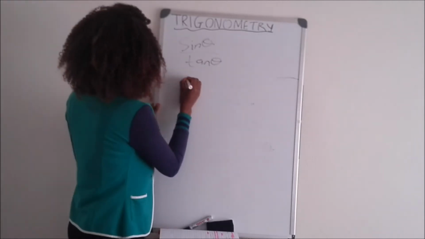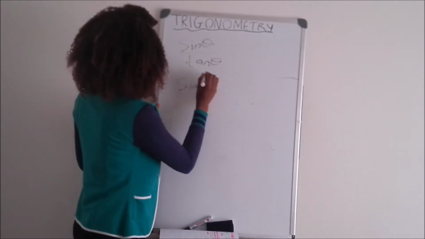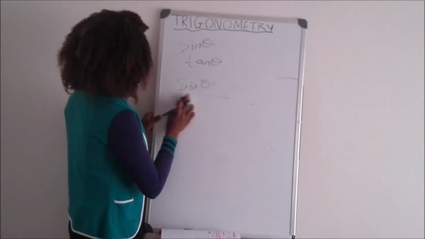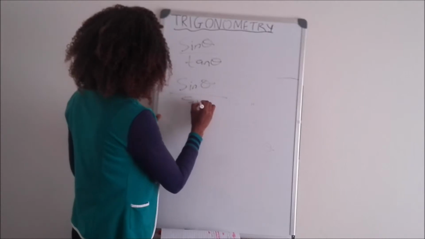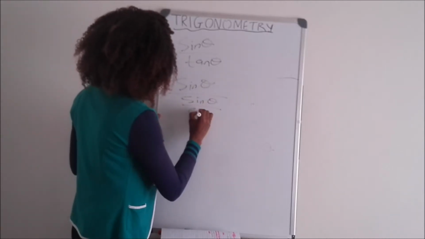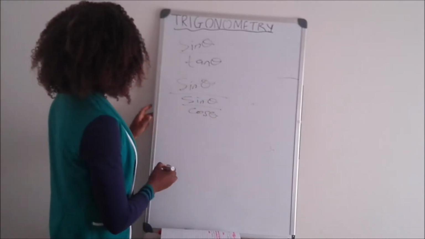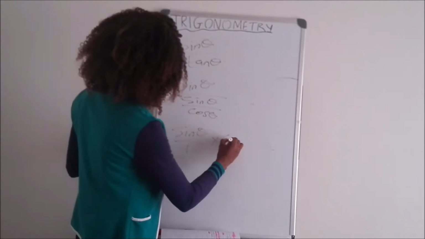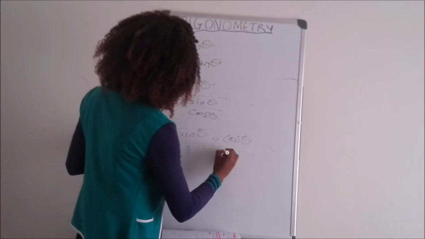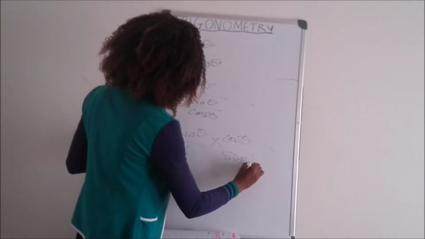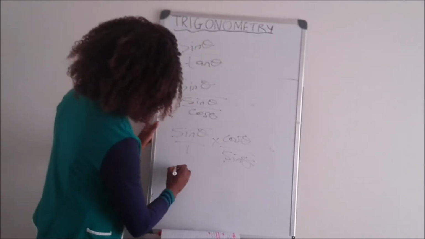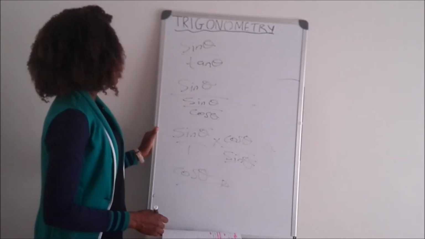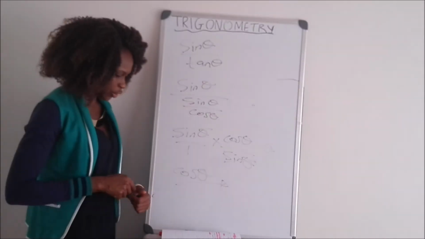The first step that you must do is to change tan theta in terms of the identities, which will be sine theta divided by cos theta. Then we will divide sine theta divided by 1 multiplied by cos theta divided by sine theta, of which this and this will cancel out and we'll be left with cos theta. Then we have answered it as a single trigonometric ratio.